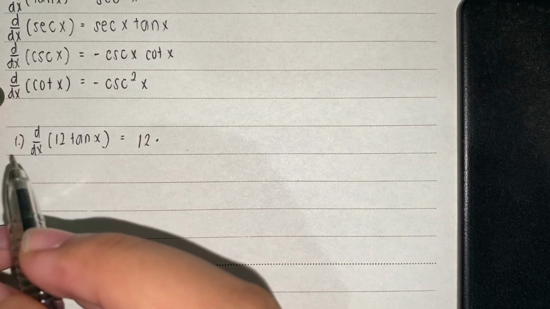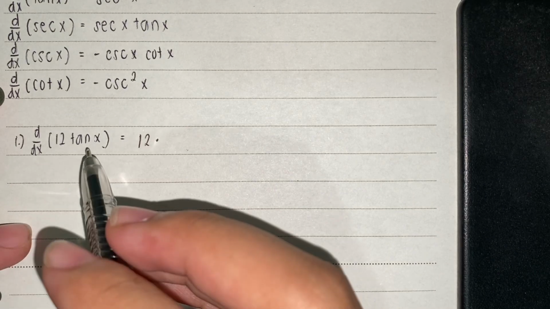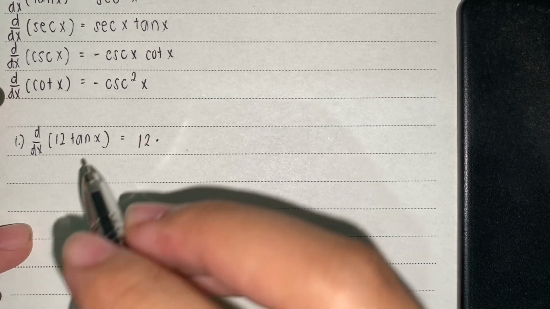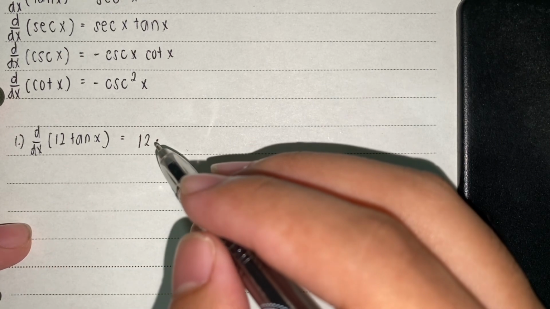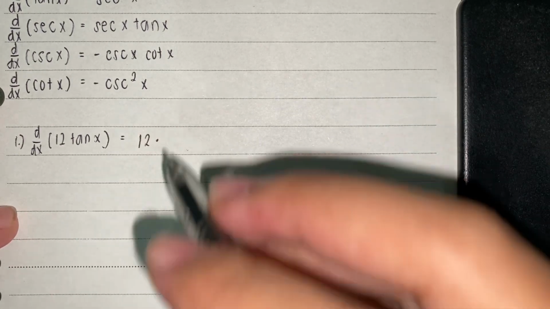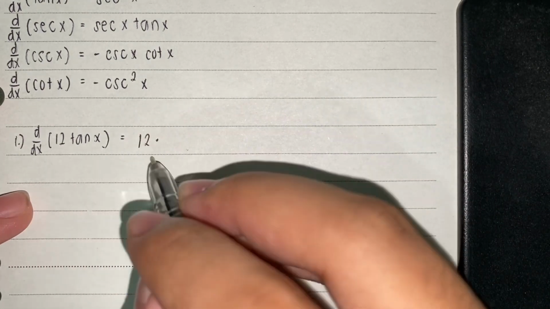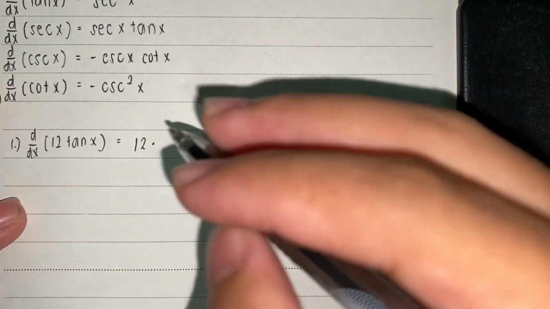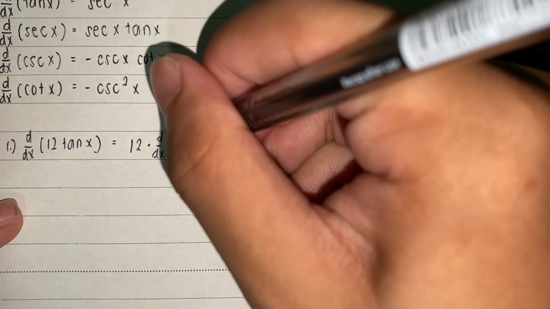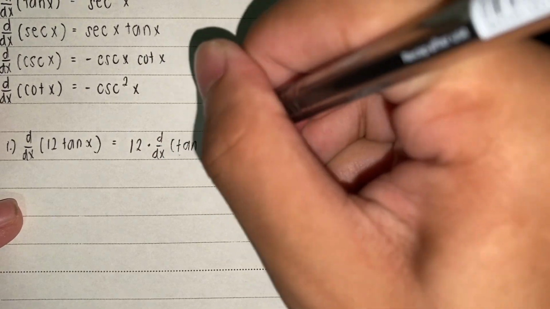We're going to find the derivative of 12 tan x. We first separate the constant from the trigonometric function, so that is 12 times the derivative of tangent x.